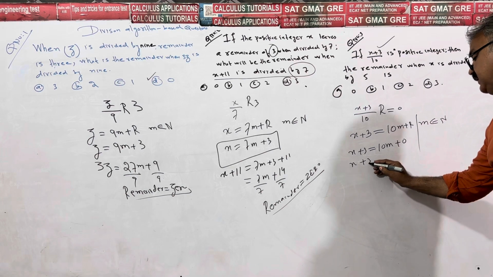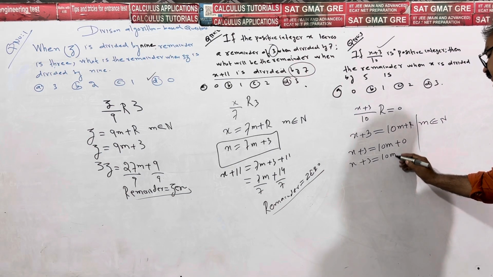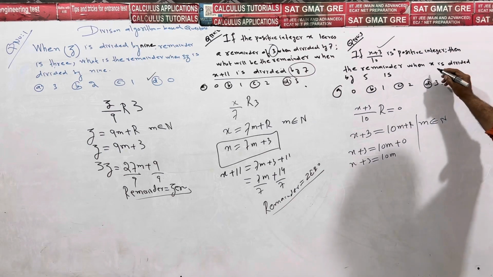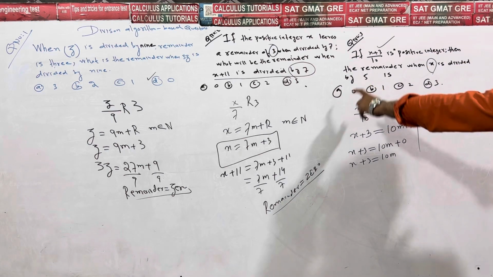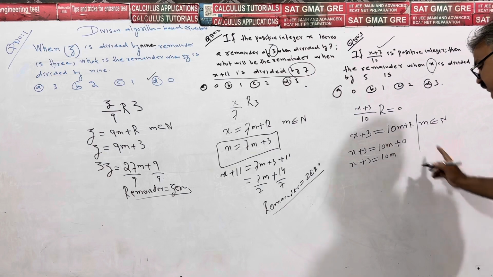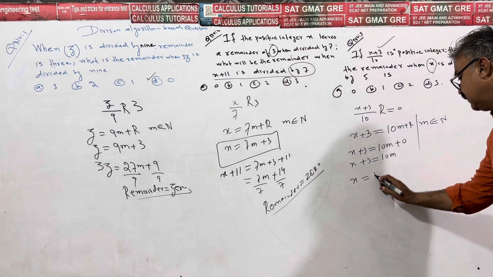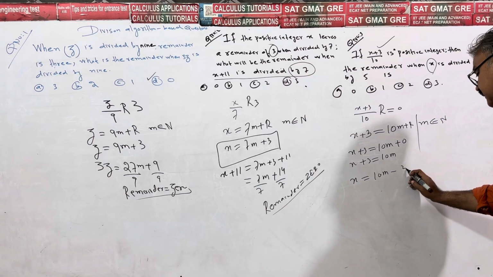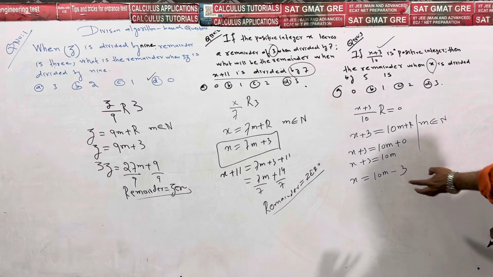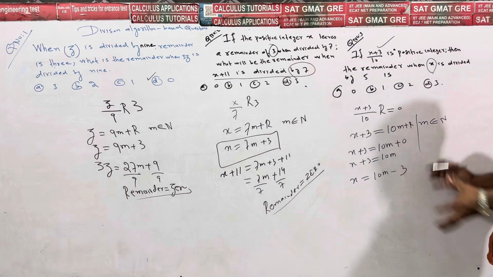So x plus 3 is 10 times m. We are asked to find the remainder when x is divided by 5. Shift 3 here: x is equal to 10 times m minus 3.